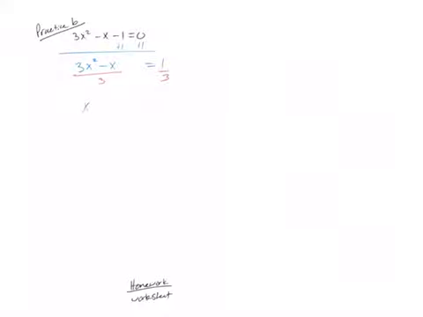Then I obtain x squared minus 1/3 x is equal to 1/3. I'm going to take that 1/3 here, divide it by 2, which gives me 1/6, and then square it, which gives me 1 over 36.